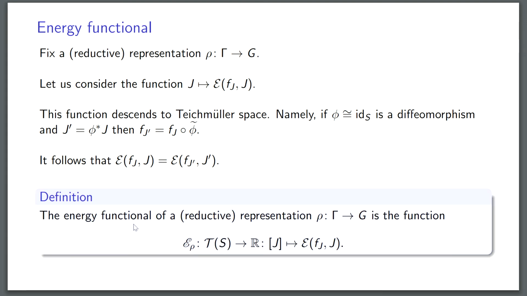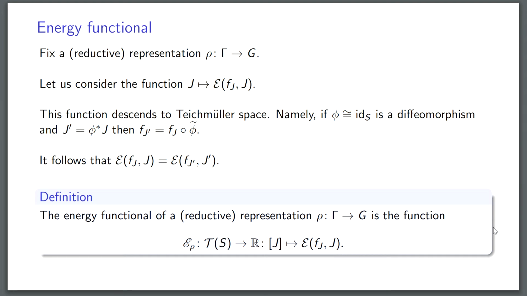The energy functional of a representation is the function on Teichmüller space that assigns to each equivalence class of complex structures the energy of the corresponding equivariant harmonic map.